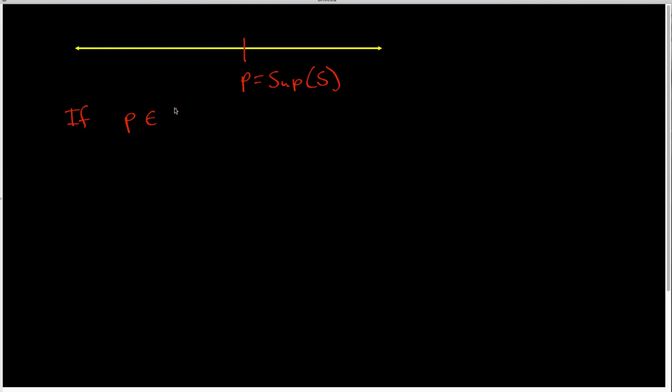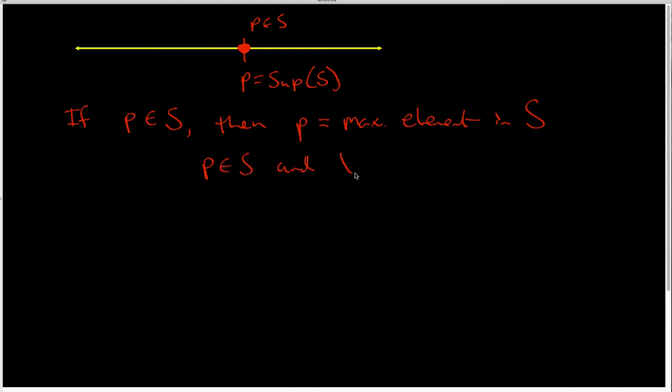So continuing to crunch on this definition, we've got our number line here, and here is P, and P is the sup of some set S. Now, if P is actually inside S, then I'm going to put a big block there saying that it's inside S. What this means is that P is actually going to be the maximum element inside the set S. In other words, P is inside S, and for all little s inside set S, P is bigger than or equal to that little s.